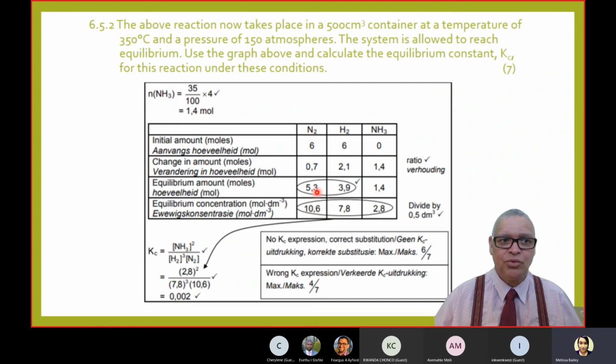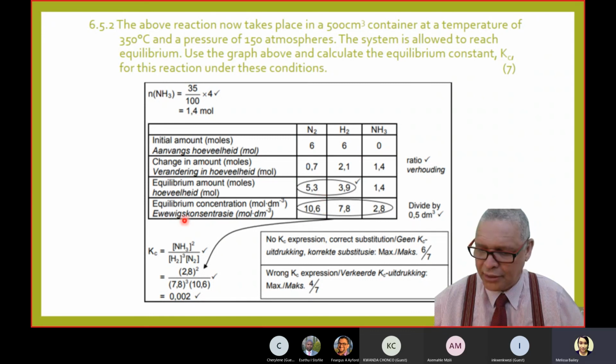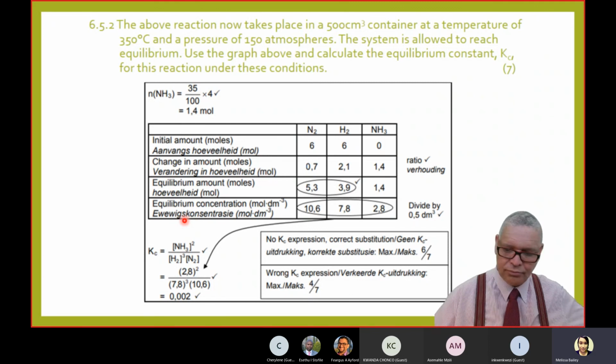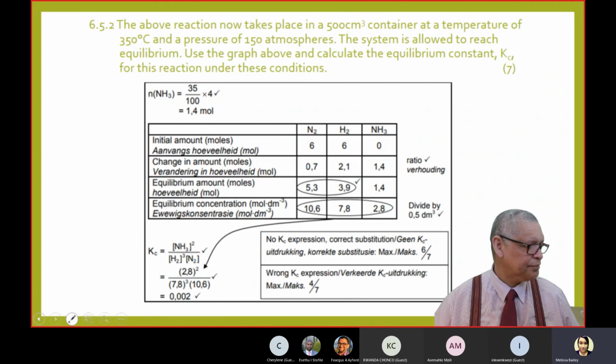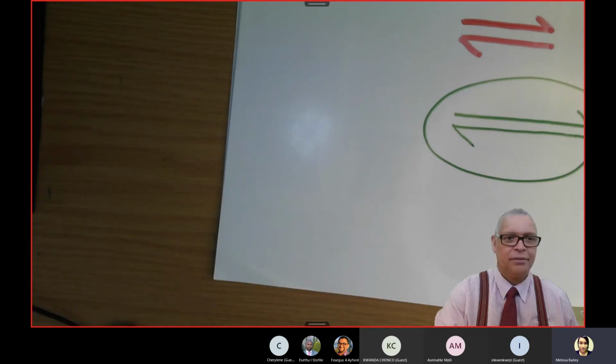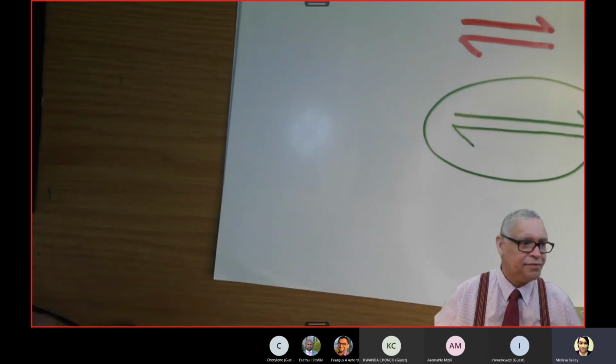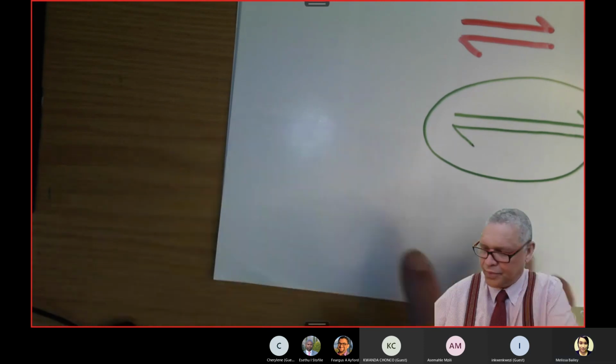So if we have this 5,3, you may be wondering, how do I get 10,6 for this? Remember, according to the principle, if we just go across here and down here, I have 5,3.